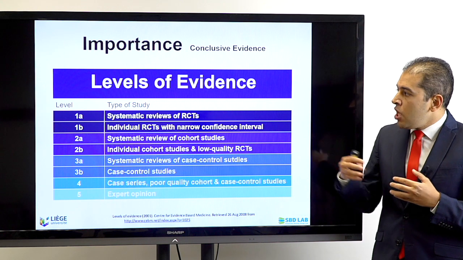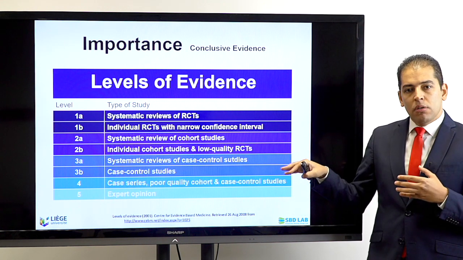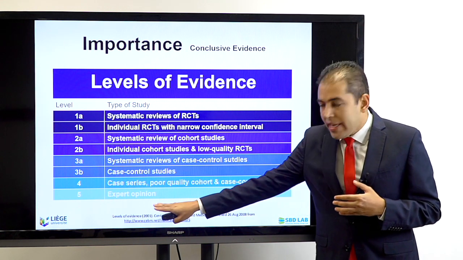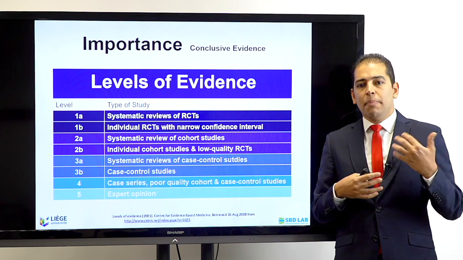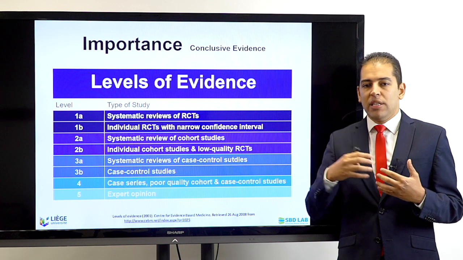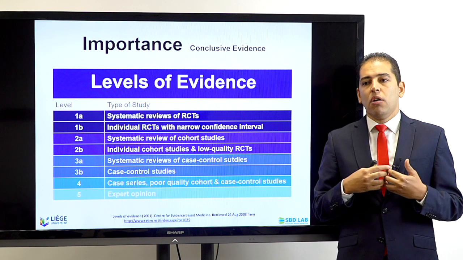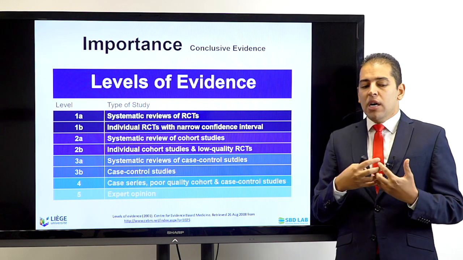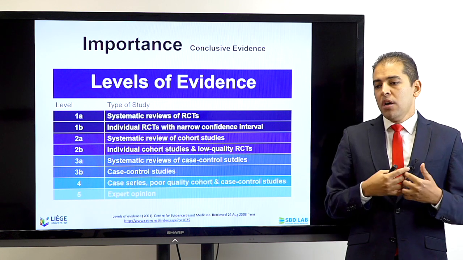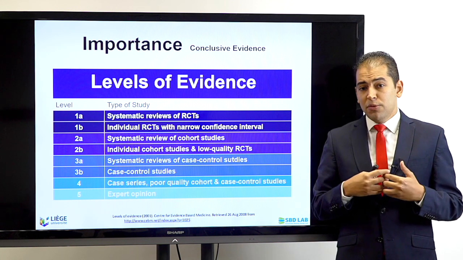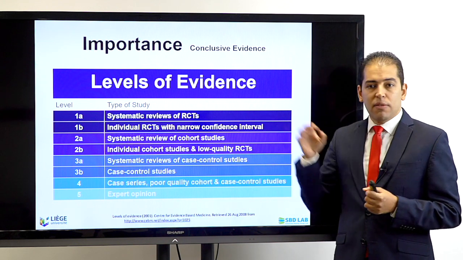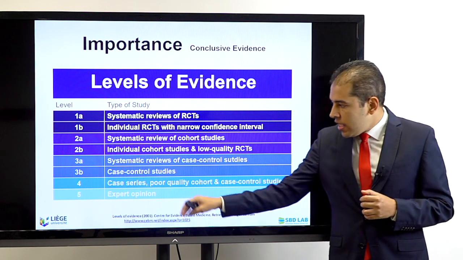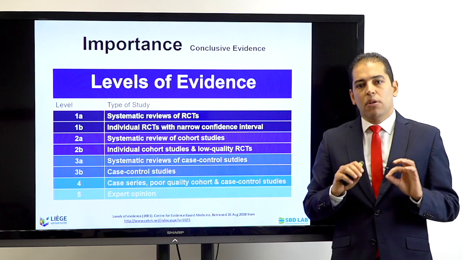And as you can see, the lowest level of evidence is expert opinion. In many cases we get confused. We ask a medical doctor, or an engineer, or a psychologist, or even a dietitian about their opinion on a phenomenon or a topic, and we think that expert opinion is the highest level of evidence. It's not true. Actually, expert opinion is the lowest level of evidence.